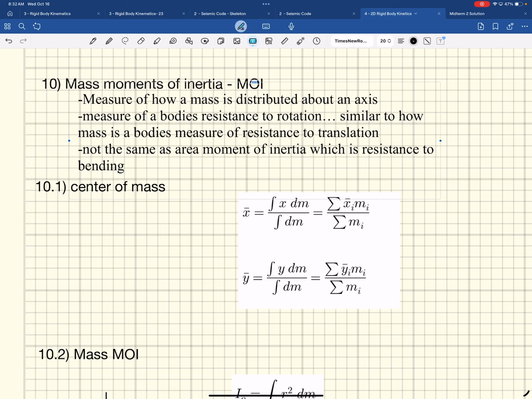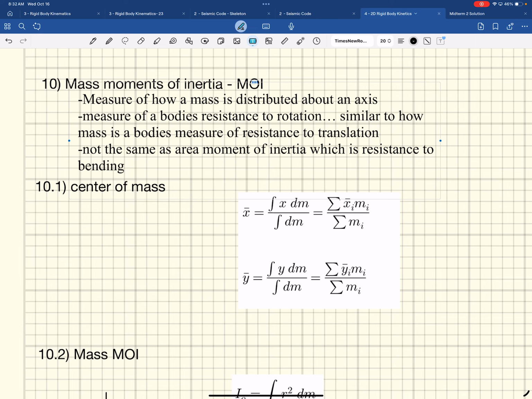If you have a big moment of inertia and you try to bend it, it'll be harder to bend than something with a small moment of inertia. And it differs depending on the axis. If you bend something about its weak axis, it's really easy. If you take an I-beam and put it on its side, it's easier to bend that way because the area is more concentrated around that axis.